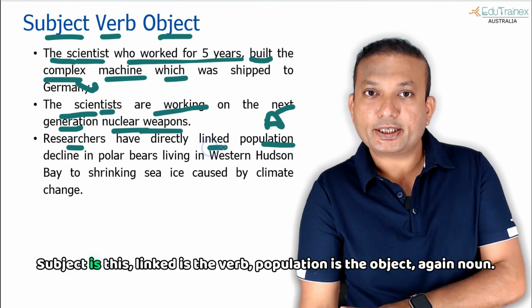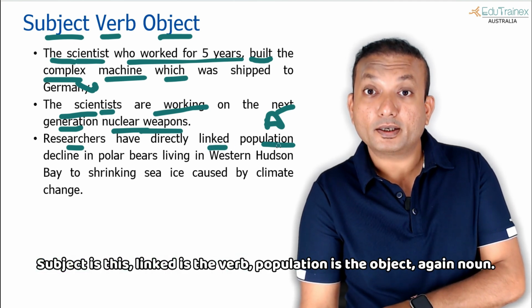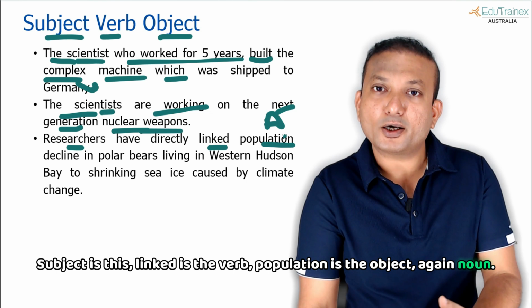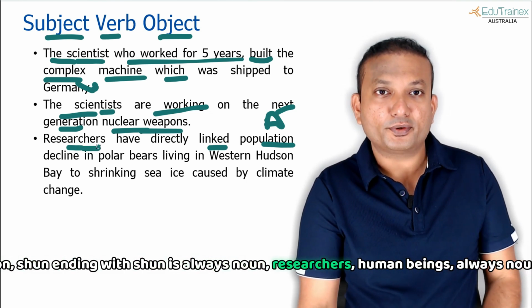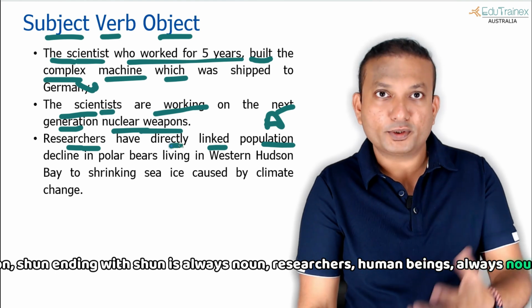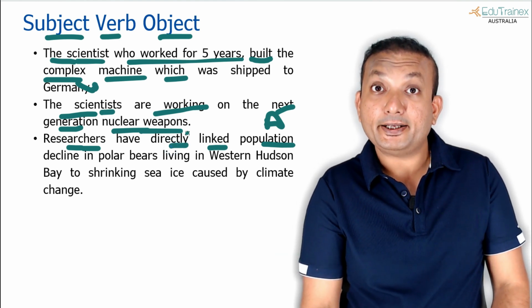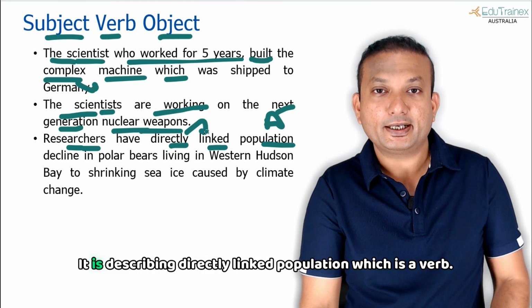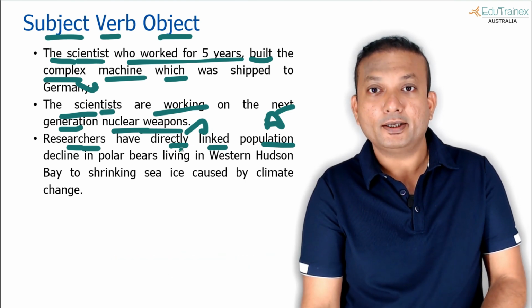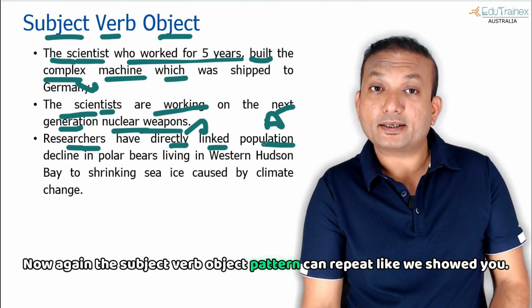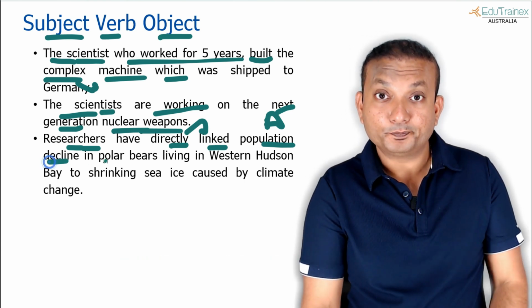The subject is this, linked is the verb, population is the object. Again, a noun. Anything ending with -tion, "shun," is always a noun. Researchers, human beings, always nouns. So what is "directly"? The girl told you, adverb. It is describing "linked," which is a verb. Okay. Now again, the subject, verb, object pattern can repeat like we showed you.